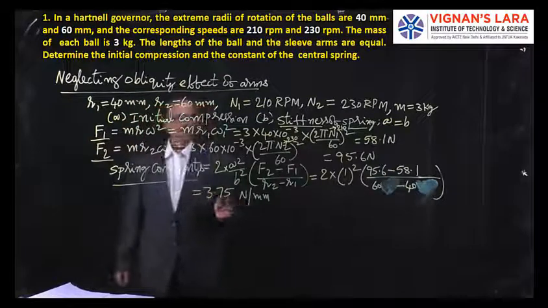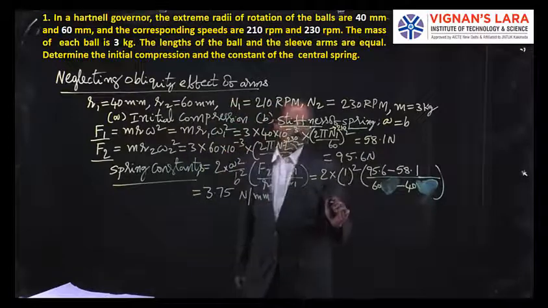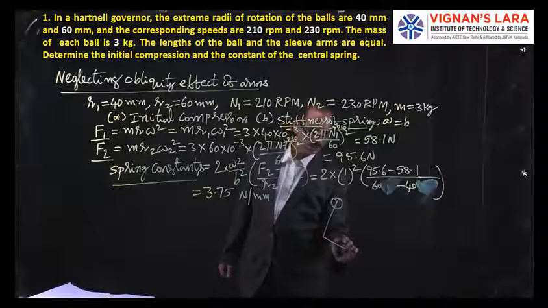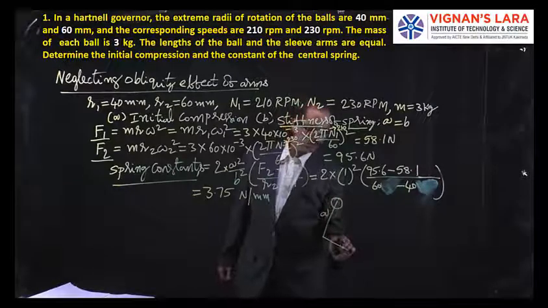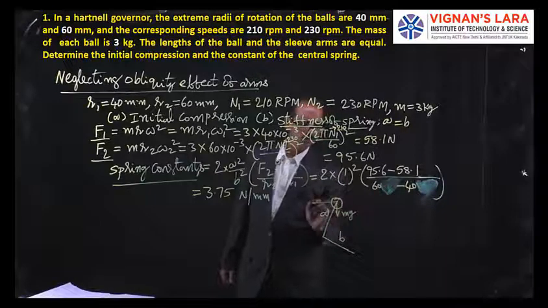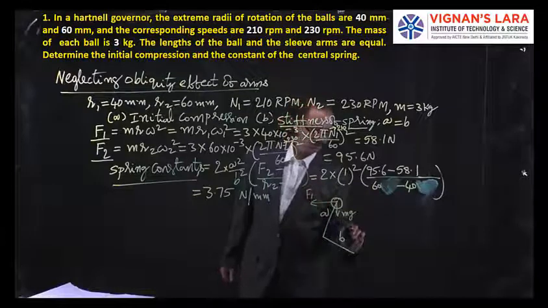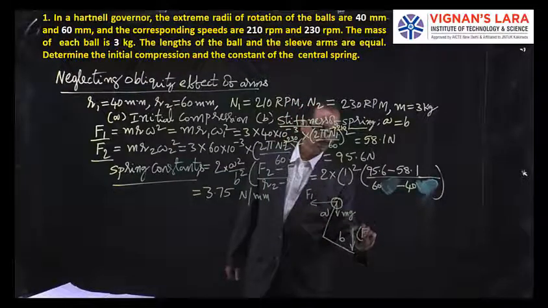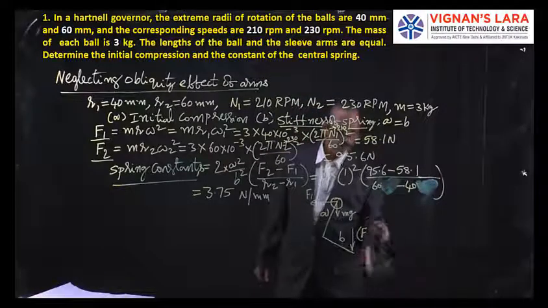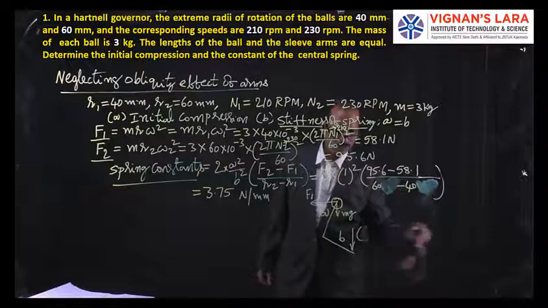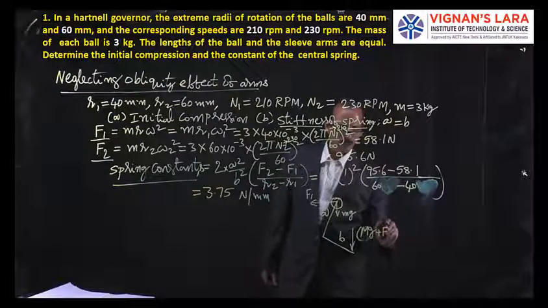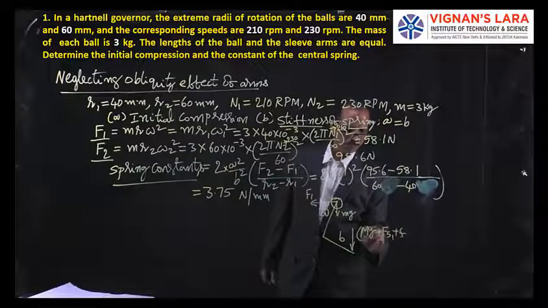So for this I write the equation, like this is A and this is B, this is mg, this is F1, this is mg plus Fs1 plus F by 2.